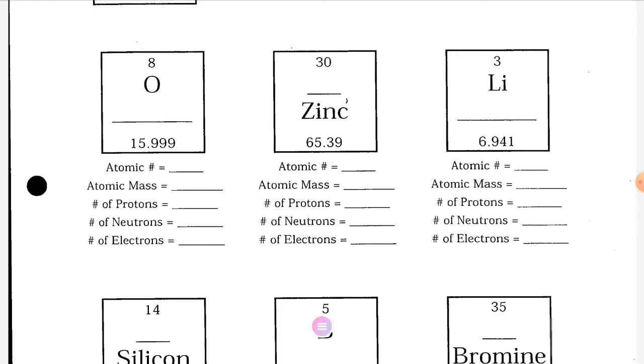Now, what's missing from this one, Braylon? The label, the symbol. Okay, do we have all 120 symbols memorized? No, so we will need the periodic table because we are not that good yet.